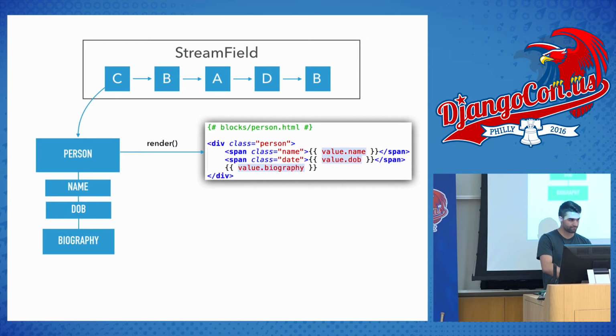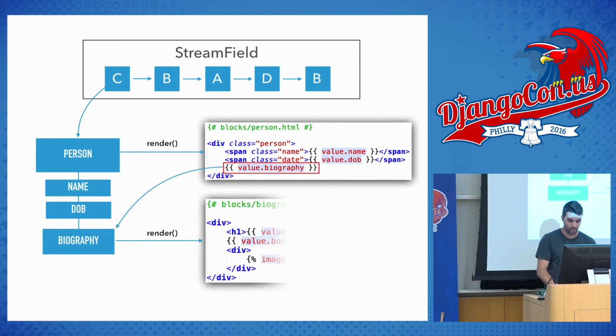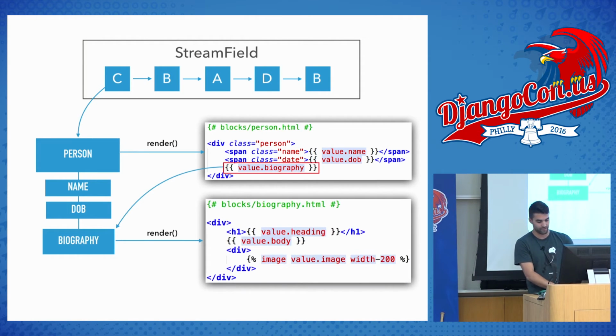Once it gets to value.biography, it will then call biography's render with value, or a render function, which will do the same exact thing. So what's really great here is that you're able to modularize the entirety of your content instead of just having this big blob of HTML.